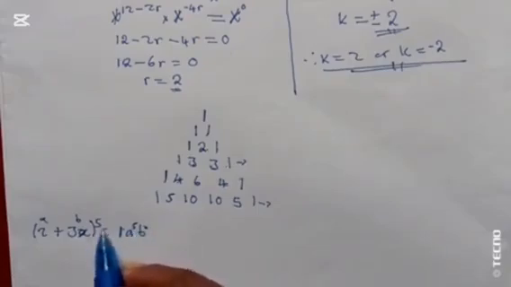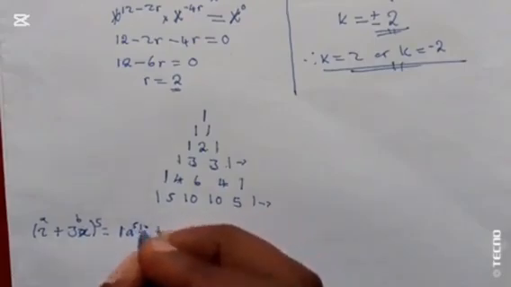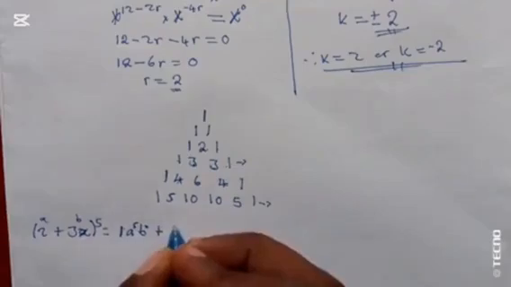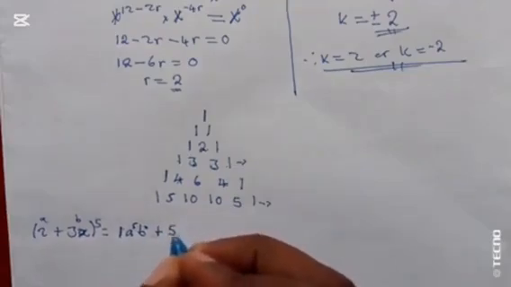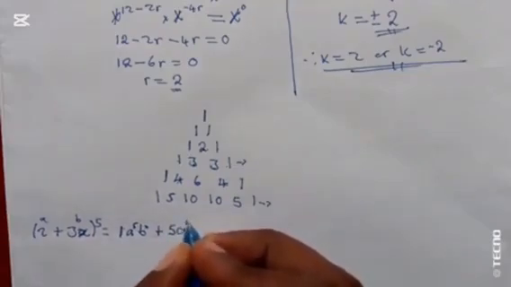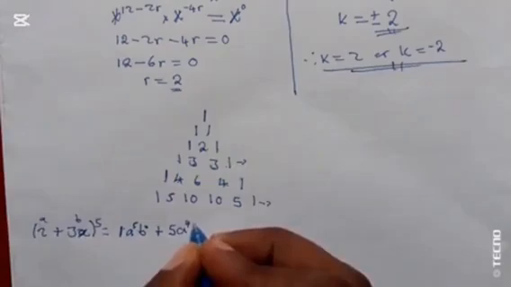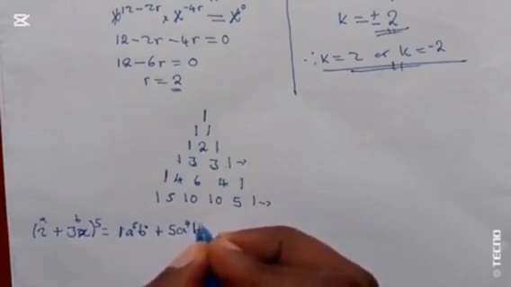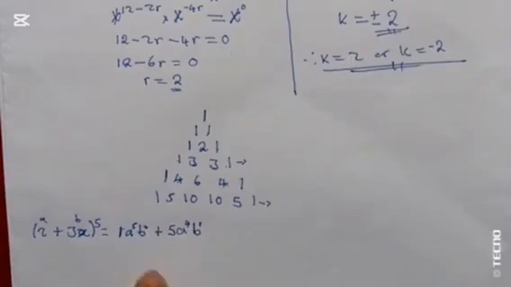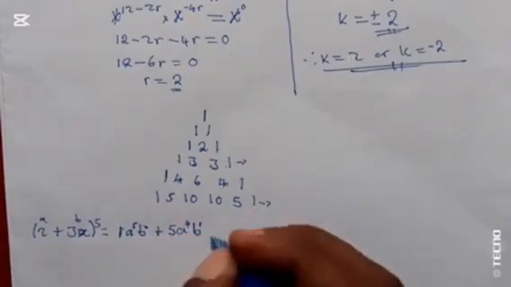When you add, you get 5. Then plus, the second one is 5 there, so we have 5, then A to the power 4. So A is reducing bit by bit, then B is ascending. So we are writing this B in ascending order, then A in descending order.